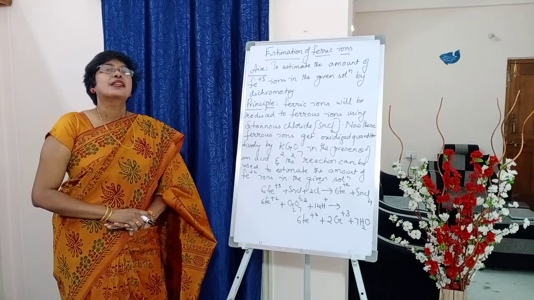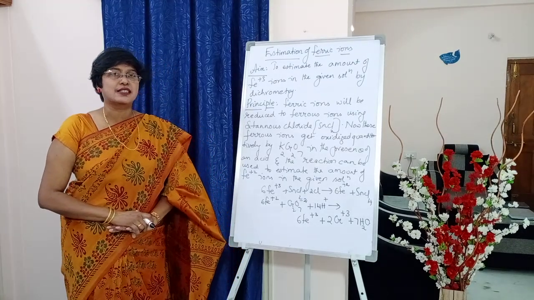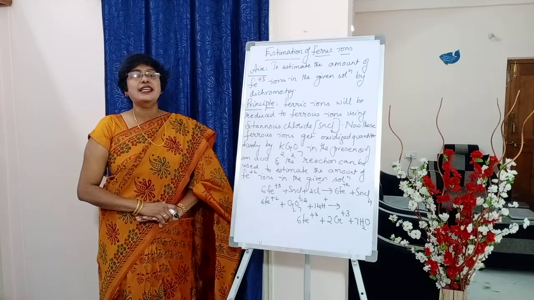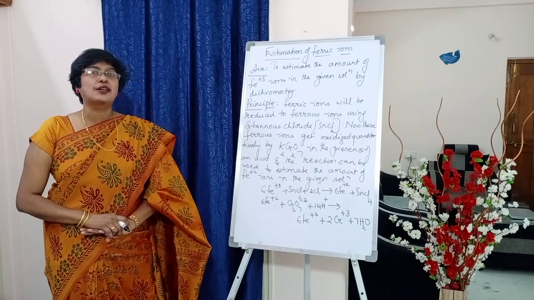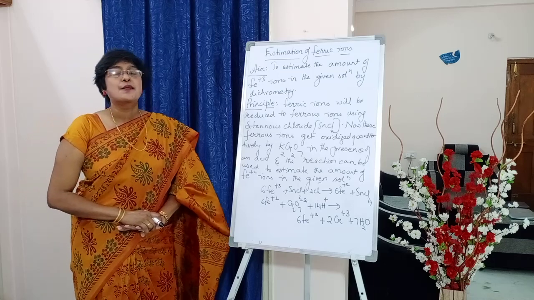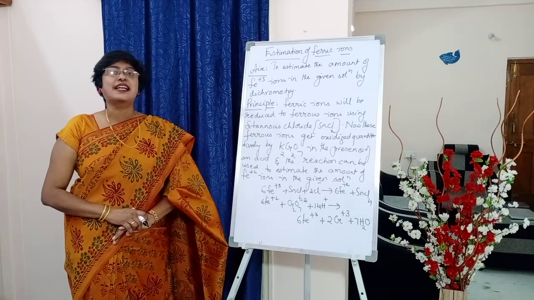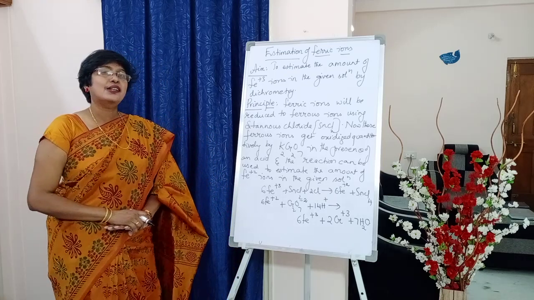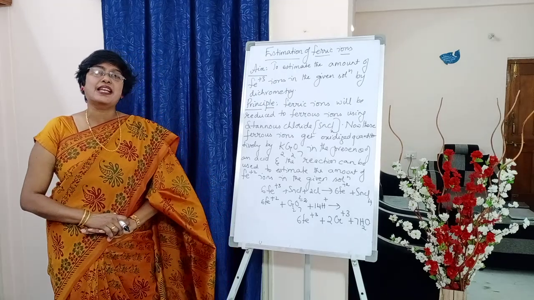Completed? Okay. Next side heading, principle of the experiment. This is the most important part of the experiment, students. Kindly put the side heading and also underline it. What is the principle of estimation of ferric ions?